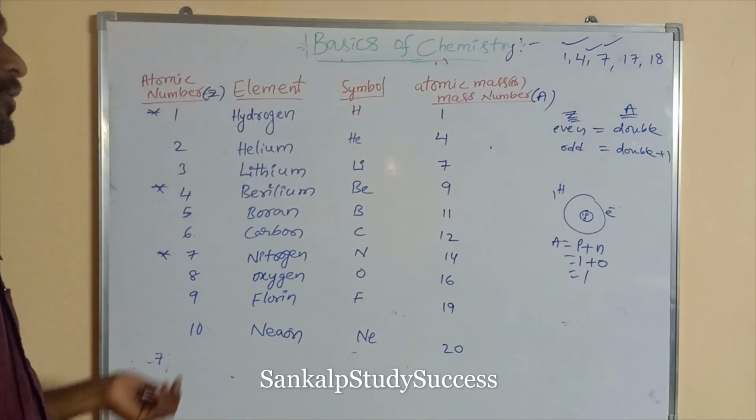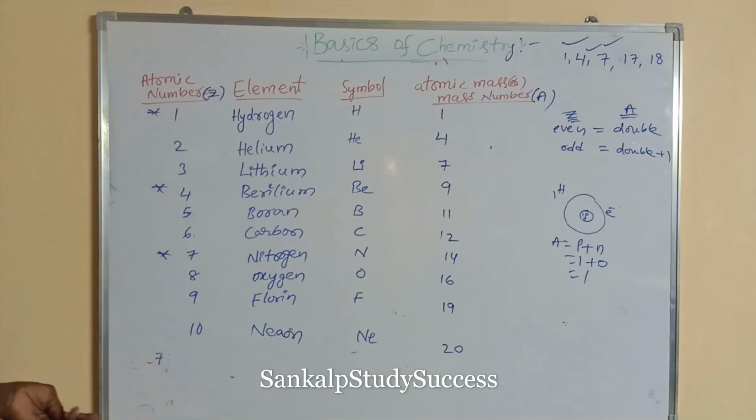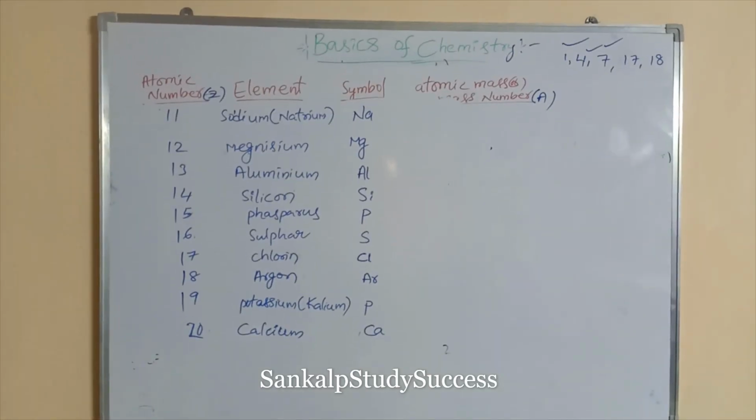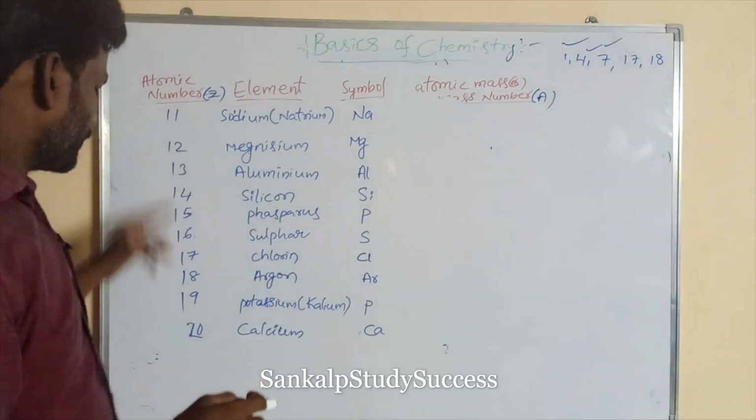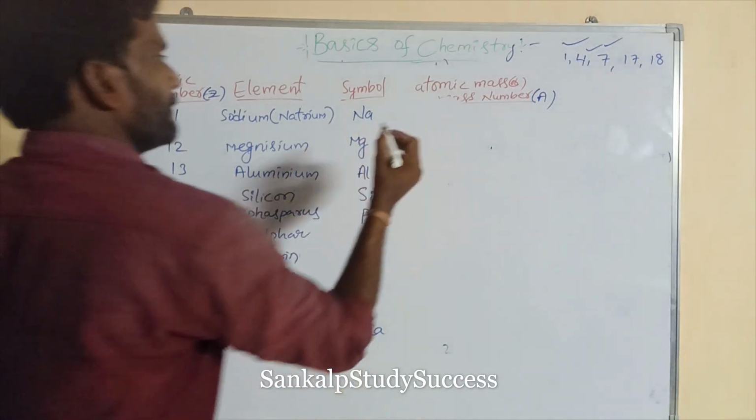So these are the mass numbers from 1 to 20 elements. And next we can write 11 to 20. Right, from 11 to 20 elements. So how to remember mass number?